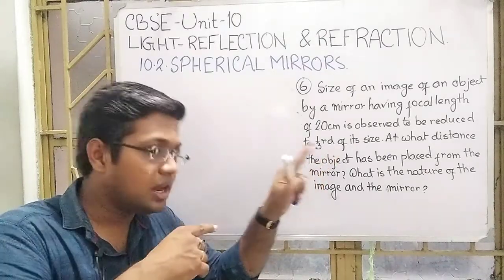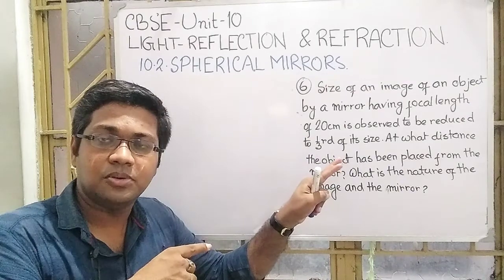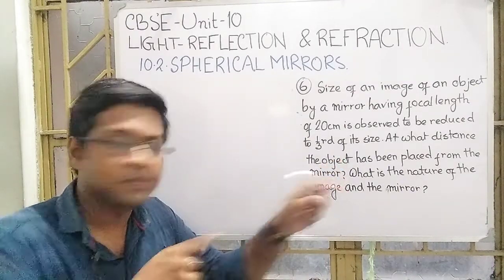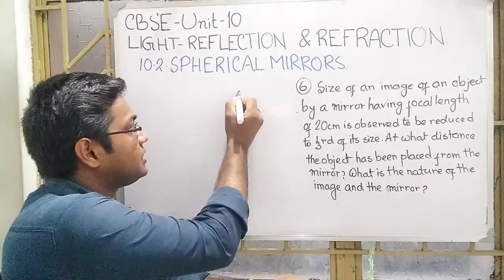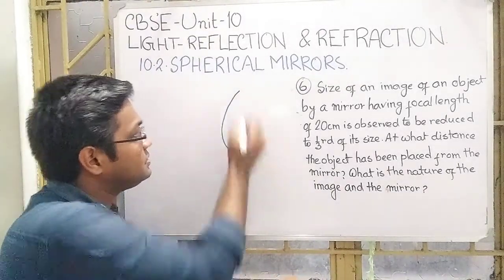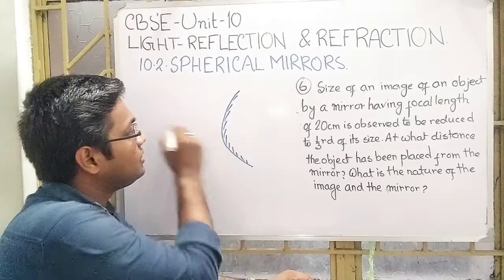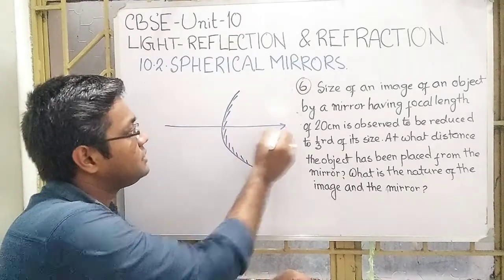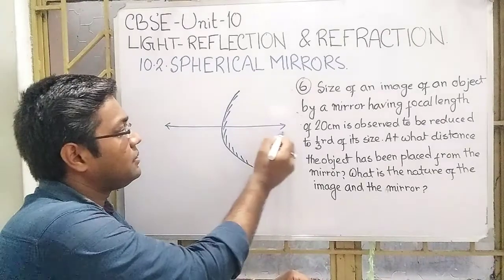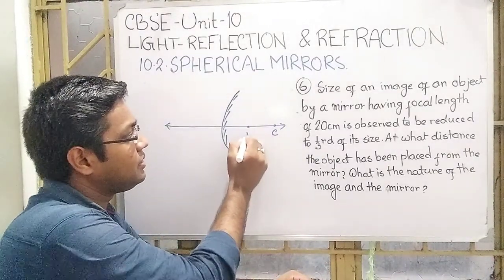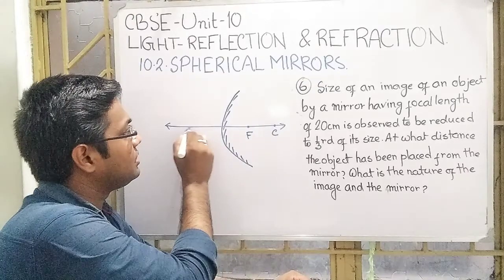Now there is another mirror that is known to us, that is a convex mirror. So just see, it is a convex mirror. Principal axis, center of curvature, focus.